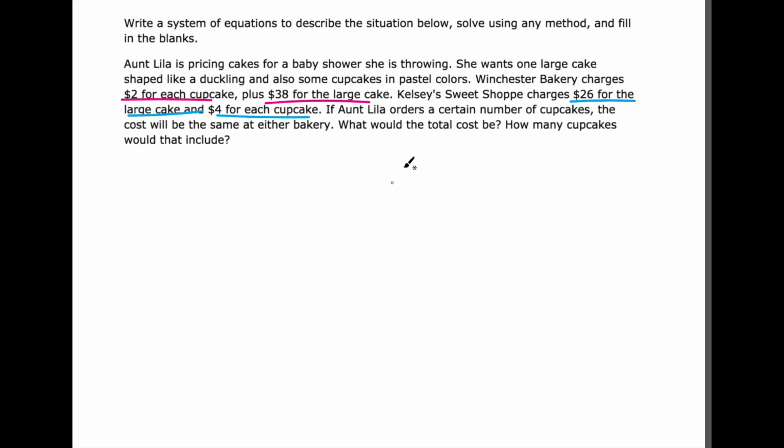So let's think about this for a second. We have the first situation where it's $2 for each cupcake. Wait, why am I doing it in that color? Hold on. So you have $2 per cupcake, and then it's $38 for the large cake.